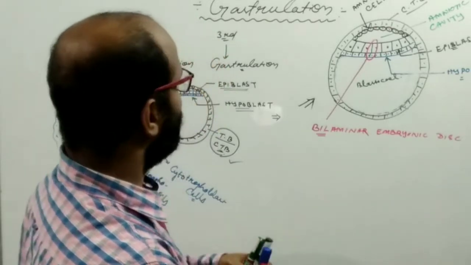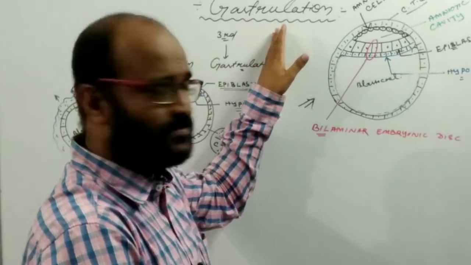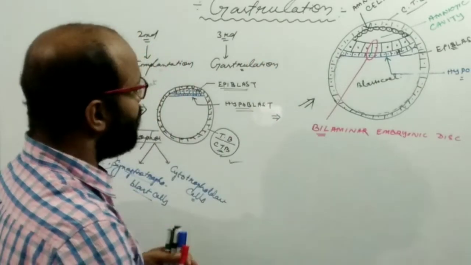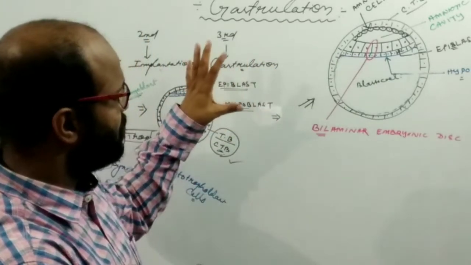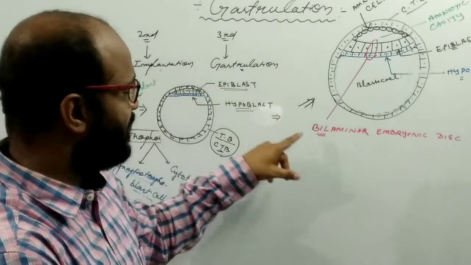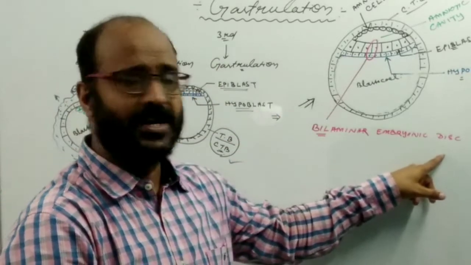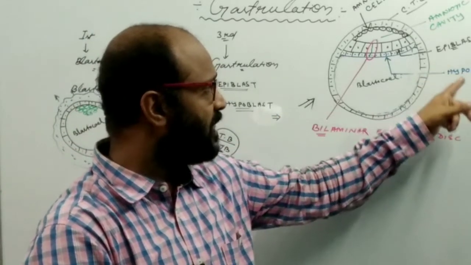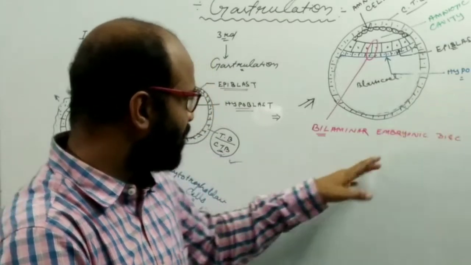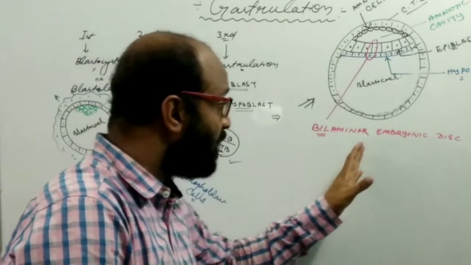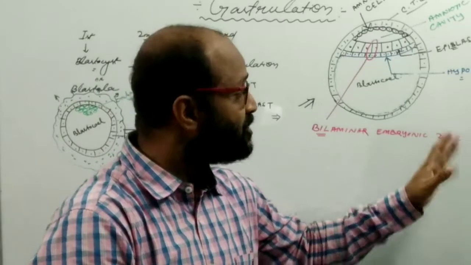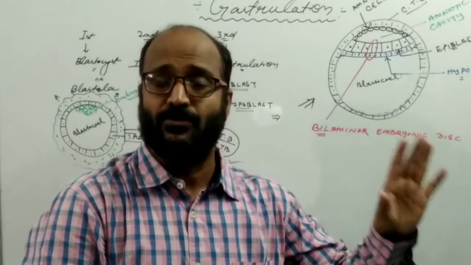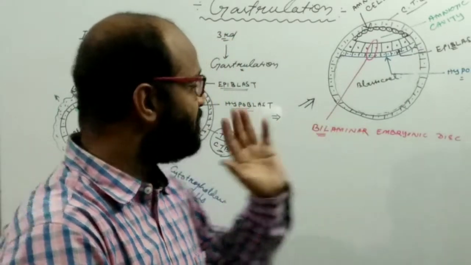This process is known as gastrulation. So what is the meaning of gastrulation? Gastrulation is the process in which the bilaminar embryonic disc, meaning the epiblast and the hypoblast layer, converts into the trilaminar embryonic disc, constituted of ectoderm, endoderm and mesoderm.